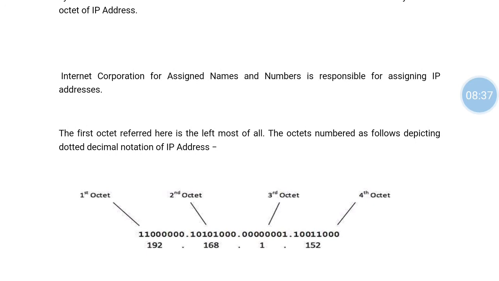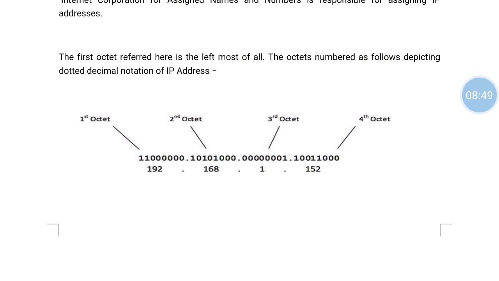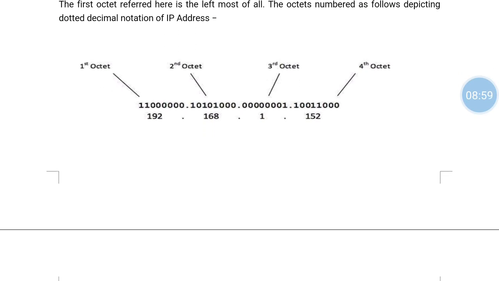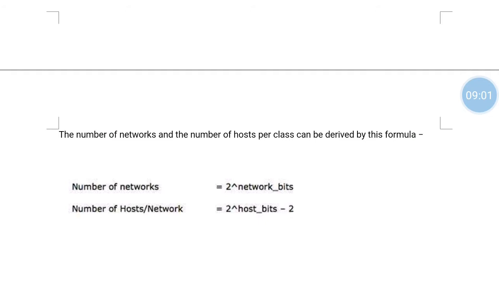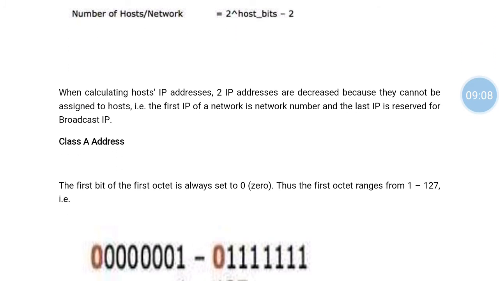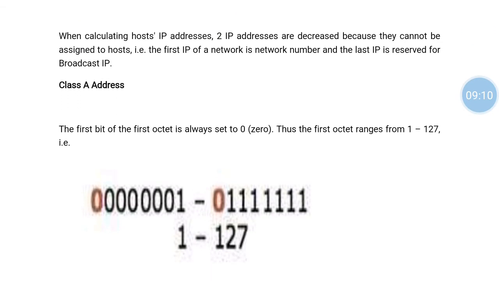The first octet referred to here is the leftmost of all the octets, which depict the dotted decimal notation of the IP address. The number of networks and the number of hosts per class can be derived by a formula. We can calculate them.